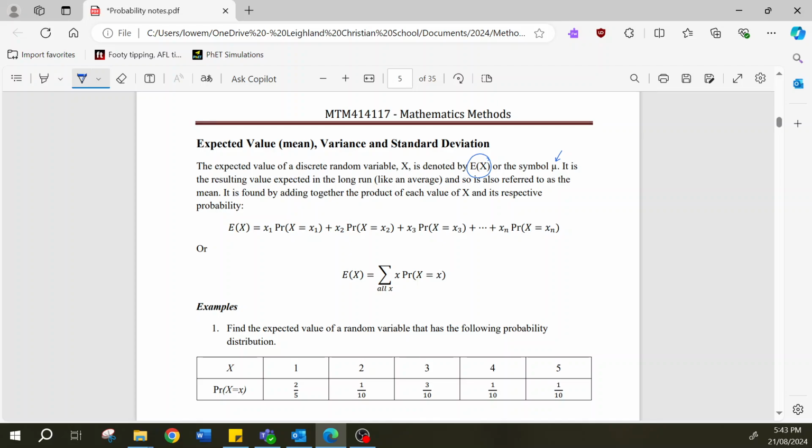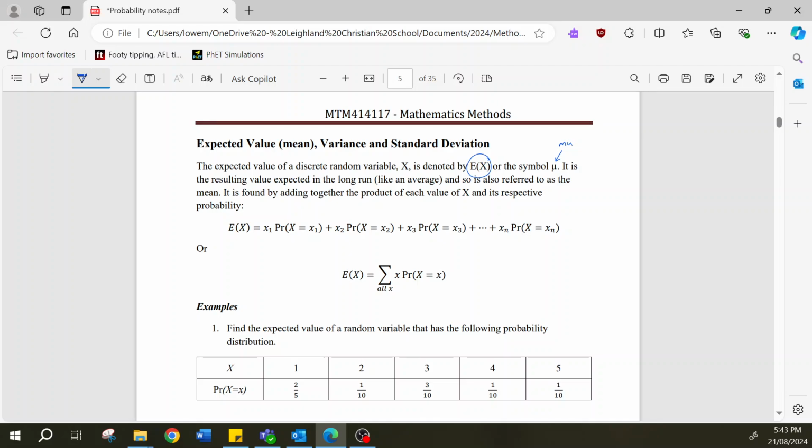It is a Greek letter mu, or if you're American, they like to say moo, which is pretty dumb. But anyway, if we were to anglicise the spelling, it would be mu. Anyway, it is the resulting value expected in the long run, like an average. So it's also referred to as the mean.